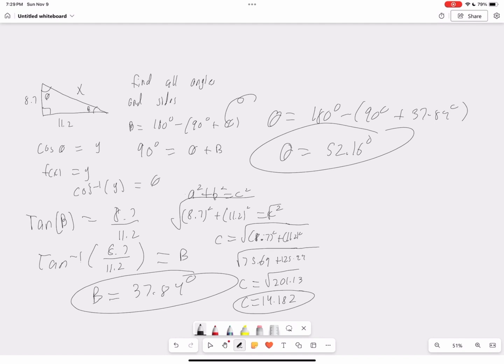Why didn't I do the same thing for theta? I could have, but if we know two angles, the right angle which is always given and one other, we can just use this formula. If we add 52.16 plus 37.84, they add up to 90, which they do. So our angles are correct, and that's really it.